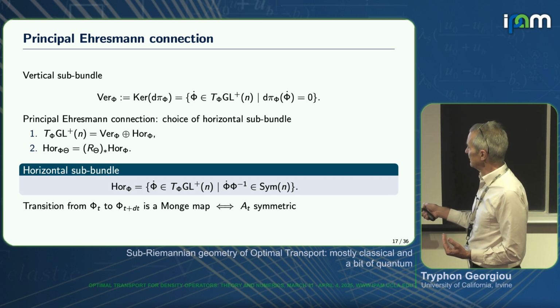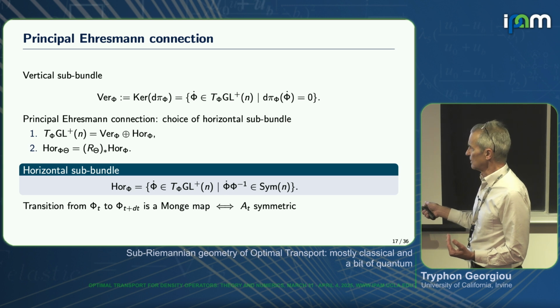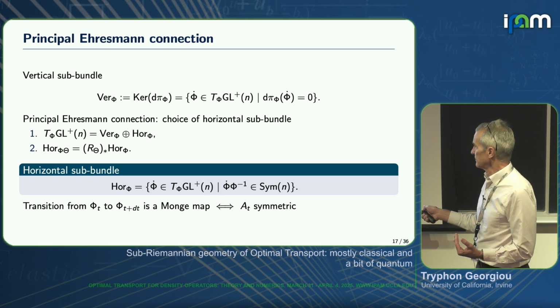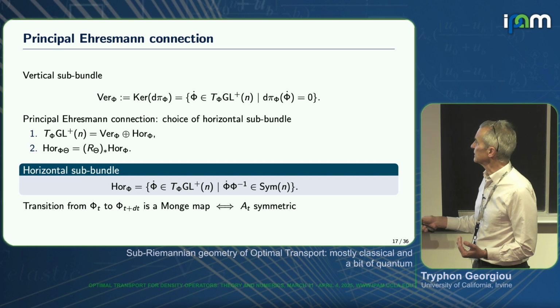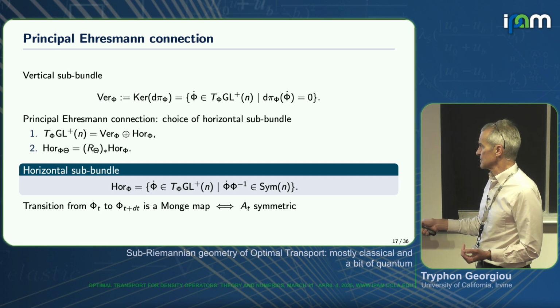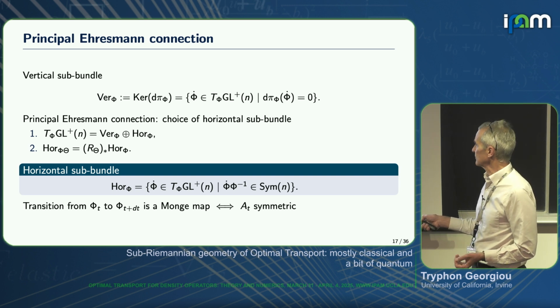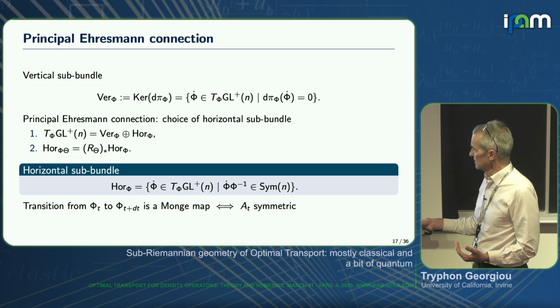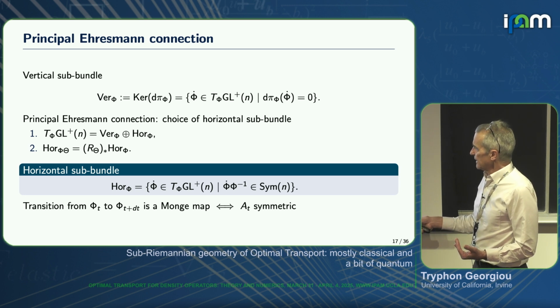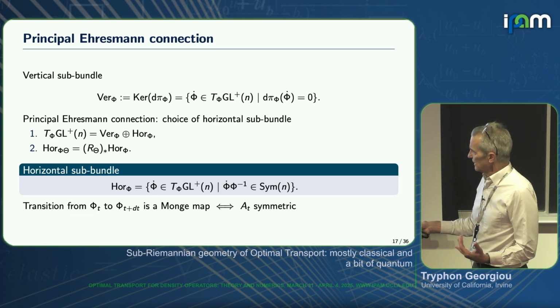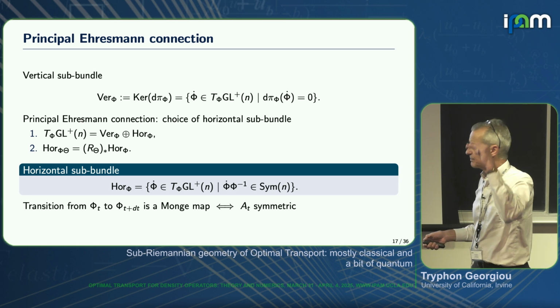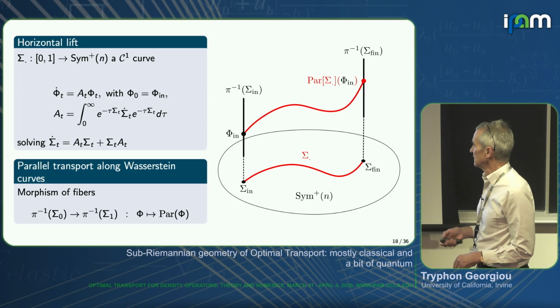So that they are in the kernel of the bundle structure. Right? So this is what's known as a principal Ehresmann connection, and it has to do with the choice of this horizontal thing. The choice here is given to us, and then the horizontal has to satisfy this, that the tangent space breaks nicely into two, and it has this invariance property.